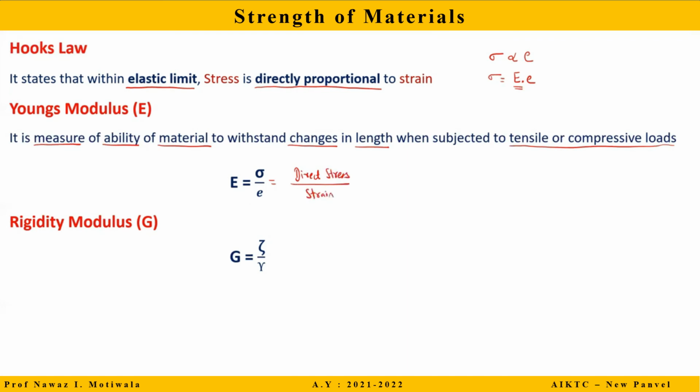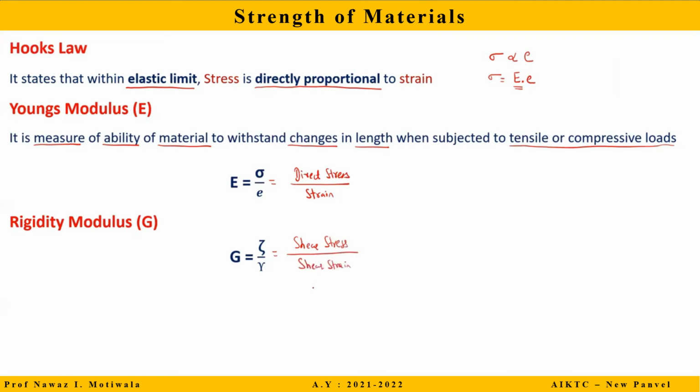On similar lines, we have modulus of rigidity, which can be written as tau upon gamma, where tau is the shear stress acting on the material, and gamma is the shear strain.